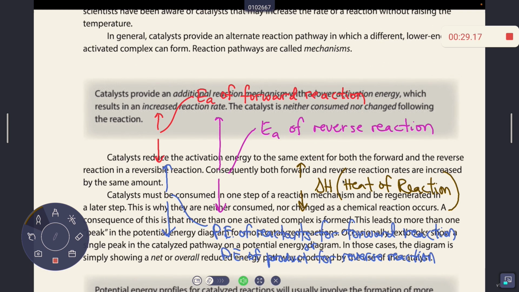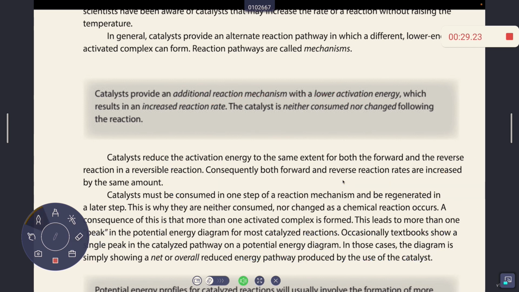It's kind of like taking a different street or a different road that's faster and better to get us to produce product, okay? So catalysts provide an additional reaction mechanism with a lower activation energy. The result is a faster reaction rate. And remember, catalysts don't get consumed, and they also don't get changed during a chemical reaction.